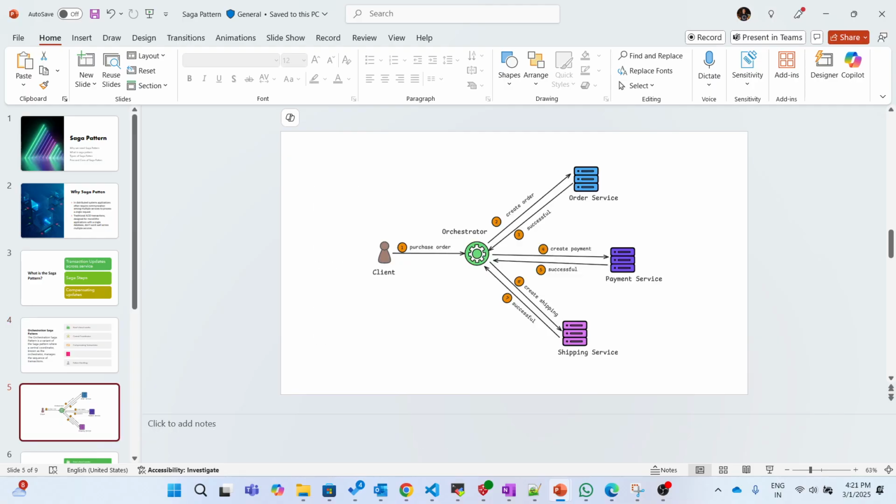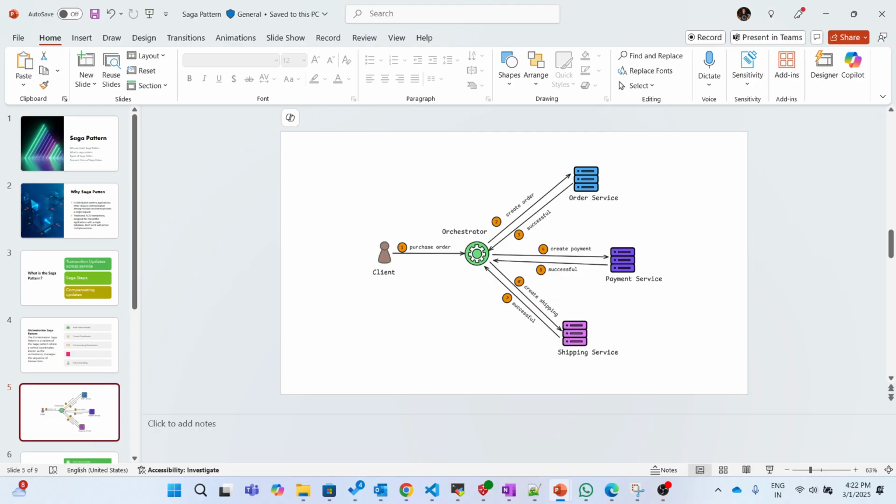Let's go through the example we discussed earlier. When a client makes a purchase order while shopping in e-commerce, there will be a central coordinator, the orchestrator, which sends the create order to the order service, where it updates the order. Once that returns success, it calls the payment service to make the payment.